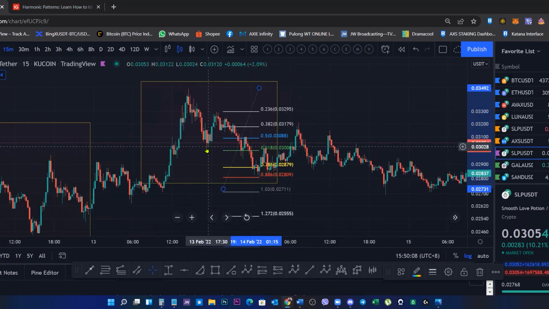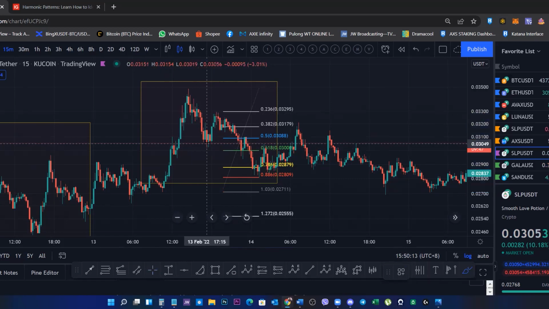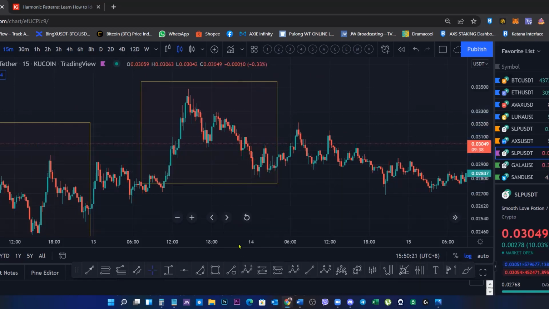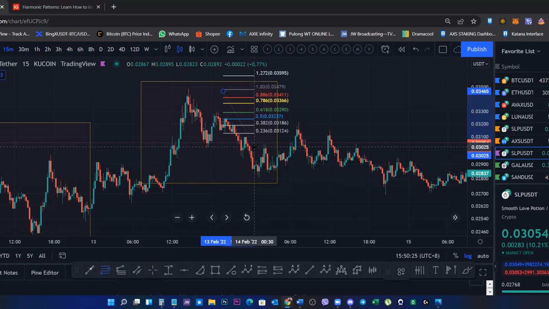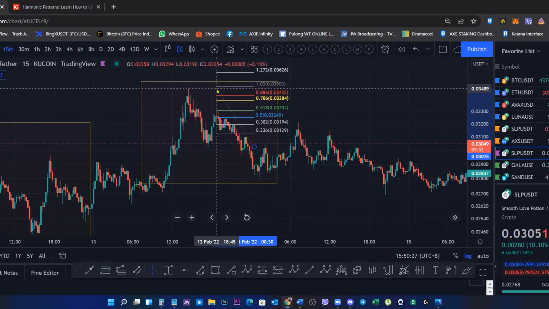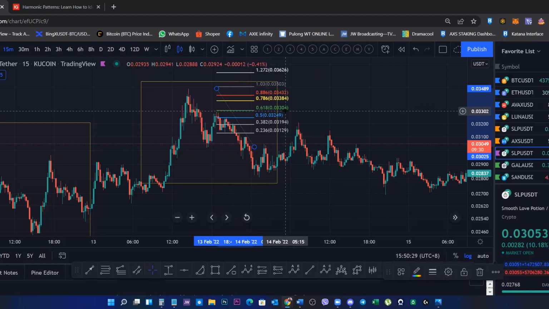Now, is this valid from here to here, from this point? That is normally what I'm doing. If these 2 points are valid, okay, how to measure it again? You can measure it through our FIB. Yes, it is at 0.618. Okay, so normally it should be in between 0.382 to 0.886.